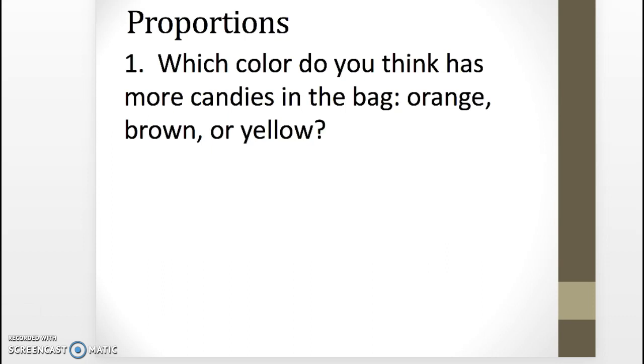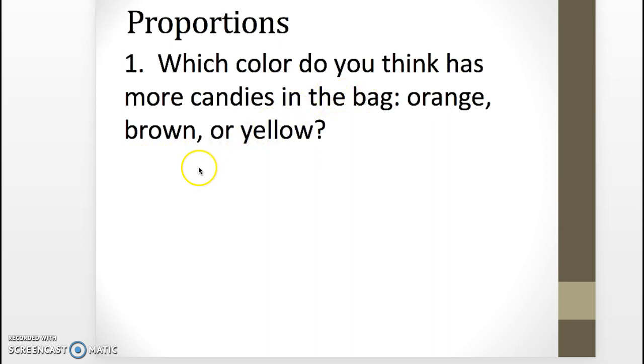So if we were looking at a scoop of Reese's Pieces and we wanted to know which color, orange, brown, or yellow, had the greatest number, we would dump out a cup, get a scoop, and compare. Maybe I would give each of you a scoop and compare our scoops.